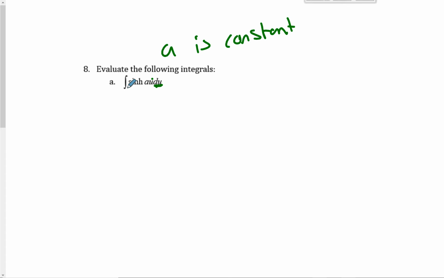So anytime I have something other than just u, or just x or just t, I have to do substitution rule, right? Normally we do substitution rule with u, but u is already in there. So let x equal au, sorry, au. Take the derivative of that, so dx equals a du.